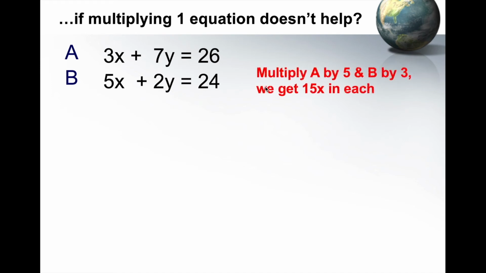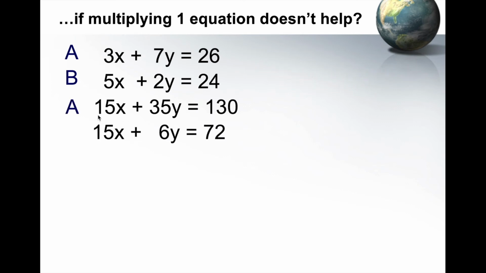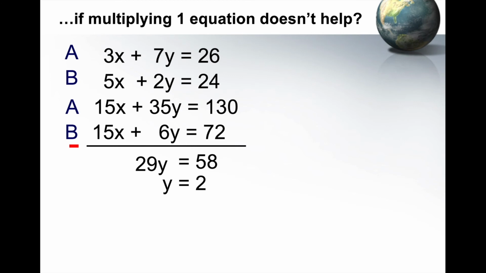So I need to multiply equation A by 5 and equation B by 3, and that will give me 15x plus 35y is equal to 130 for equation A, and 15x plus 6y is equal to 72 for equation B, and I can eliminate x. So I subtract the two equations, and that will give me y is equal to 2.